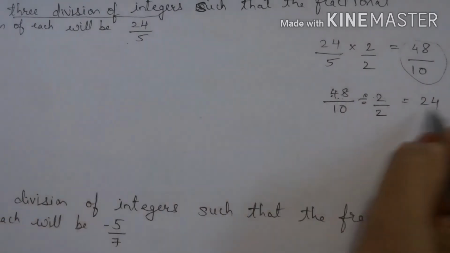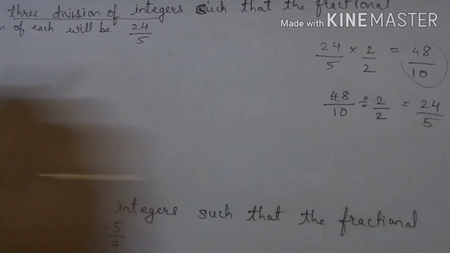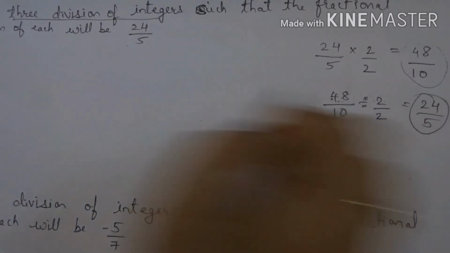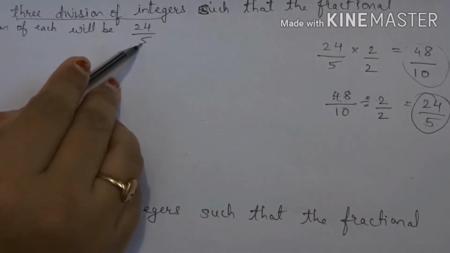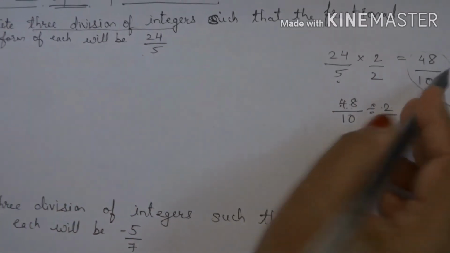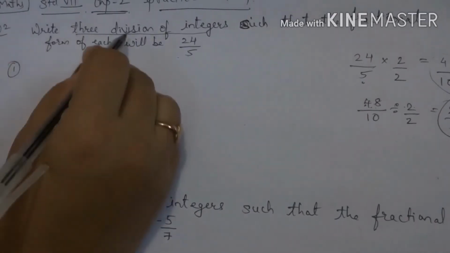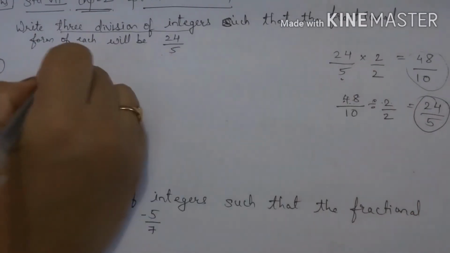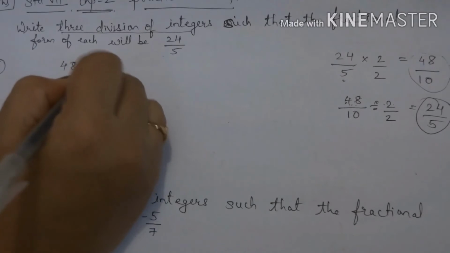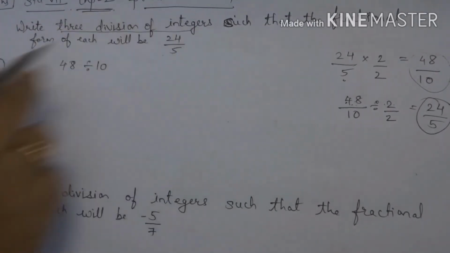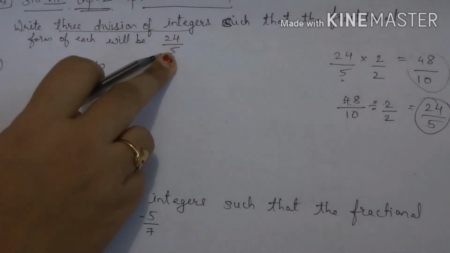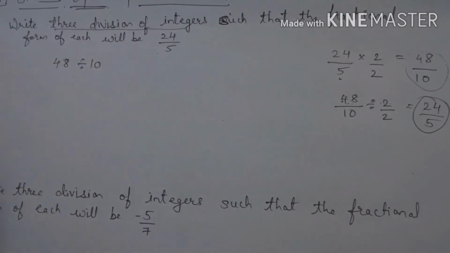And 2's table 10 comes, 2 5s are 10. So you got 24 by 5. So we got 48 divided by 10. This is your first division. After reducing this, you will get 24 by 5.